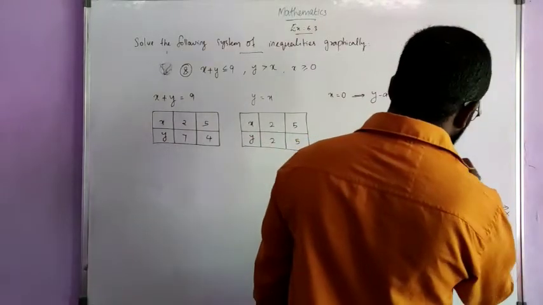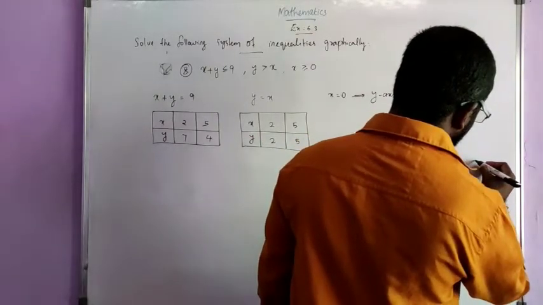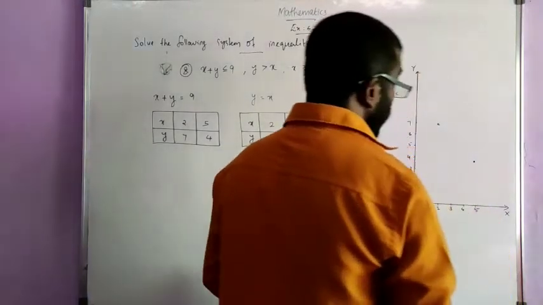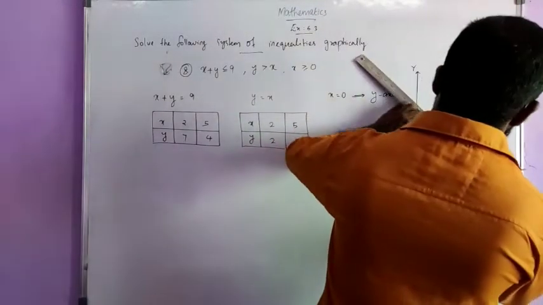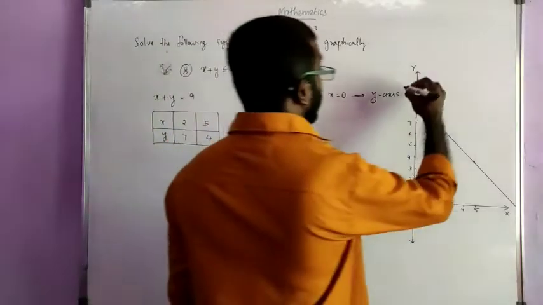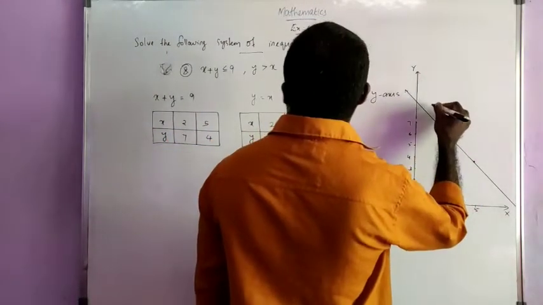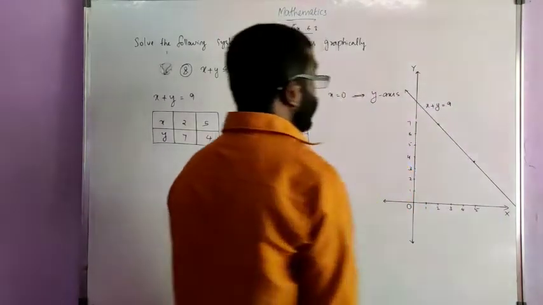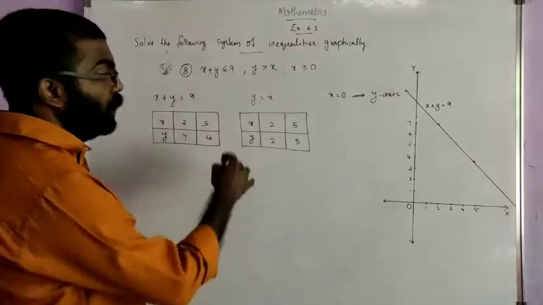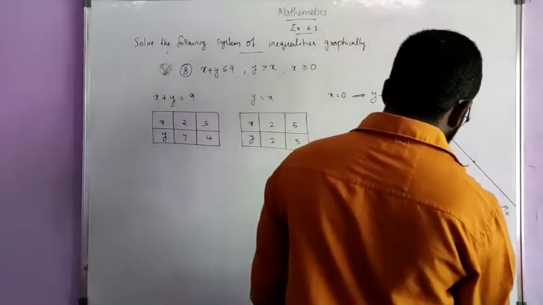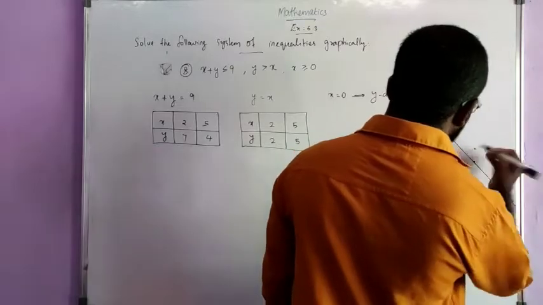5. Here 4. Okay, 5, 4. Now we can join these 2 points. Here we can write x plus y is equal to 9. Now y is equal to x, 2, 2, 5, 5.